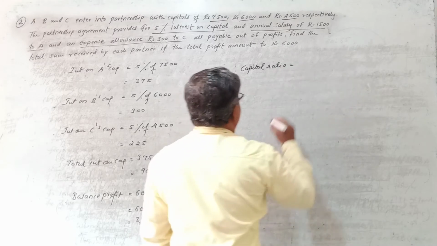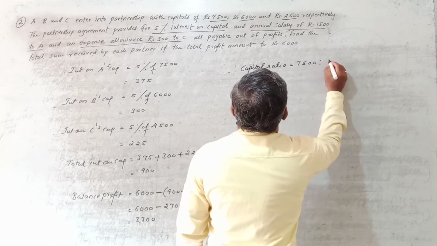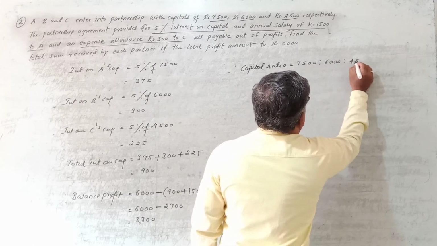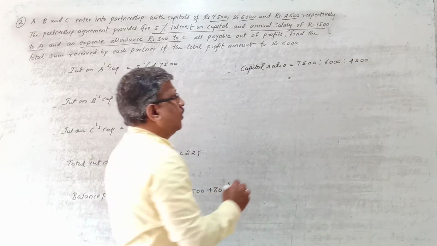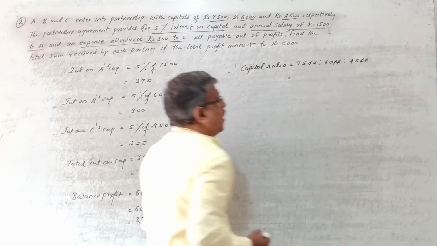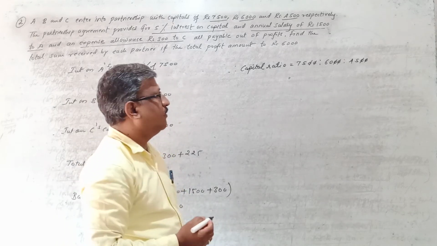So capital ratio is equal to 7,500 is to 6,000 is to 4,500, right? So here common 2 zeros get cancelled, and further if these numbers are divisible you divide. So all these three numbers are divisible by what? It is 15.